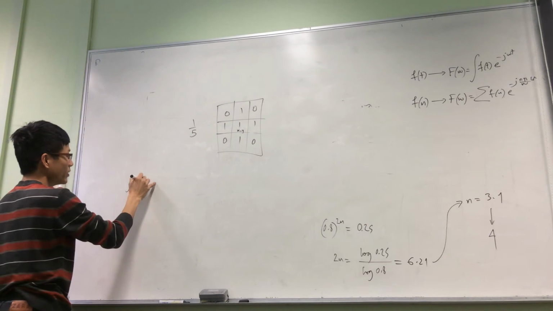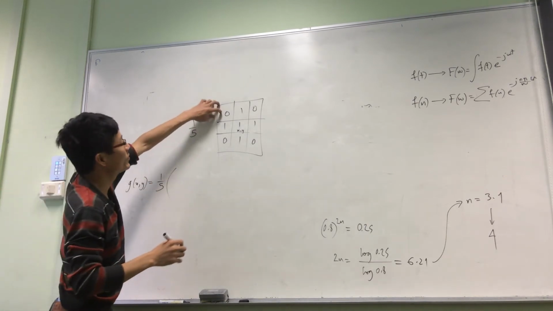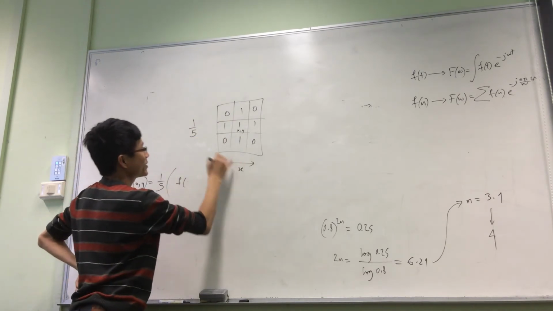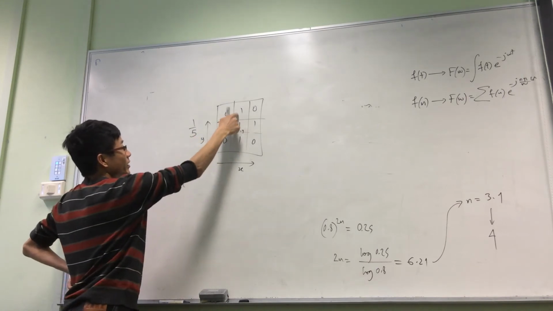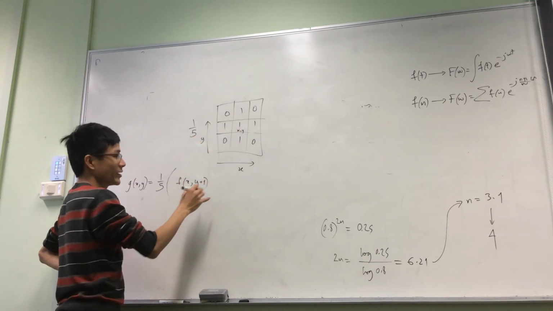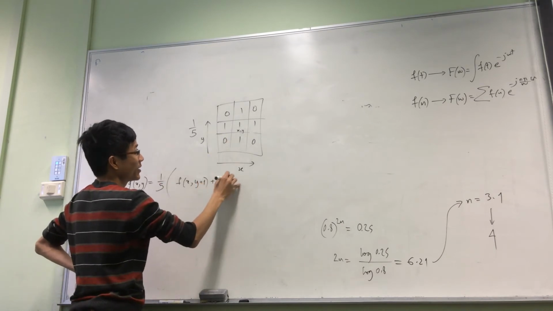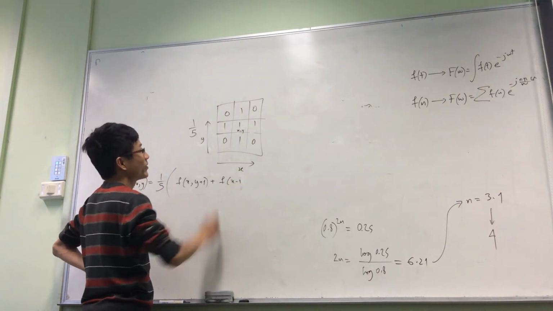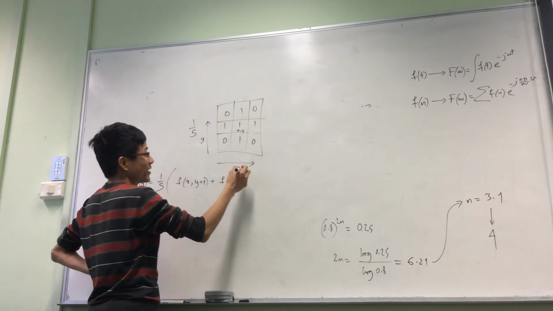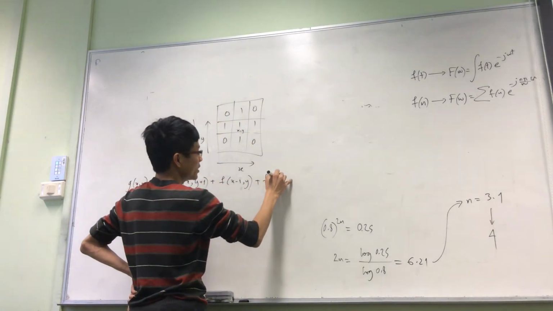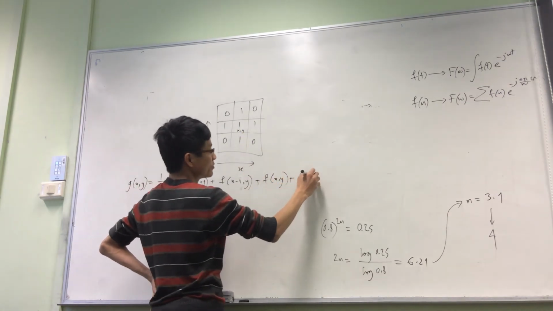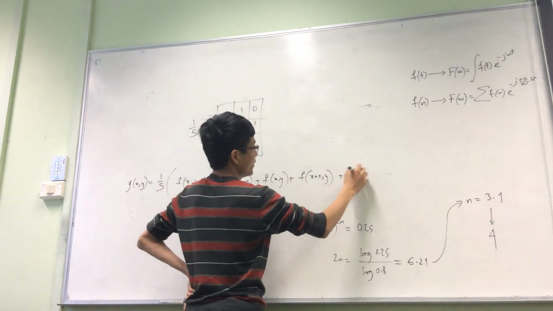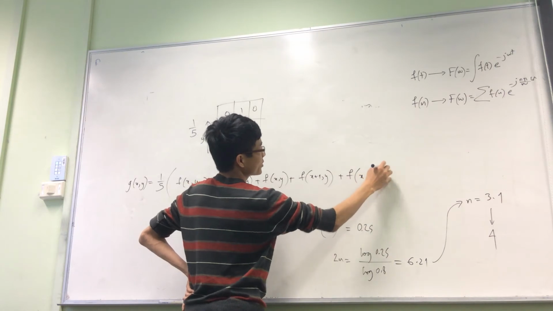The output g of x, y will be equal to 1 over 5 of 0, nothing, then f of x, y plus 1, same x, then f of x minus 1, y, same y, plus f of x, y, plus f of x plus 1, y, and f of x, y minus 1.